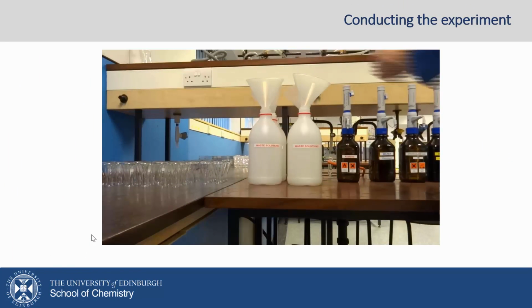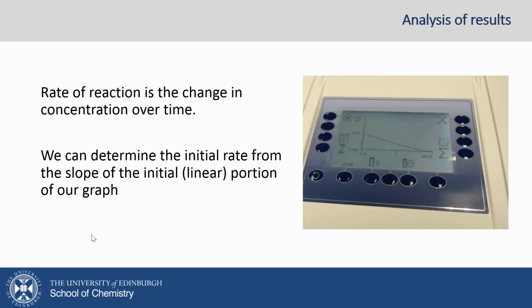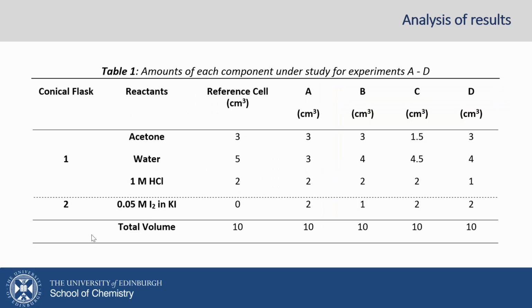So this rate that we quantified either from our instrument or better still from the data we extract on the USB key, if we determine the rate of reaction from the initial rate, in other words, the initial linear part of this graph, this will give us the rate of reaction for each of our solutions A, B, C, D, and E. And again, as we said, we know the fact that we have varied one reagent and held all others constant between our series of experiments means that we can determine the order of reaction with respect to each of those reagents.